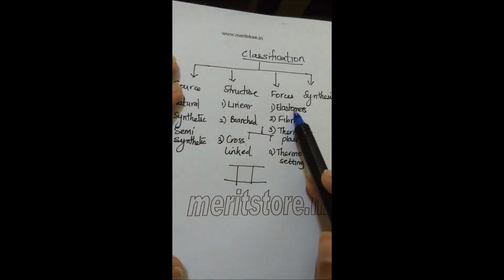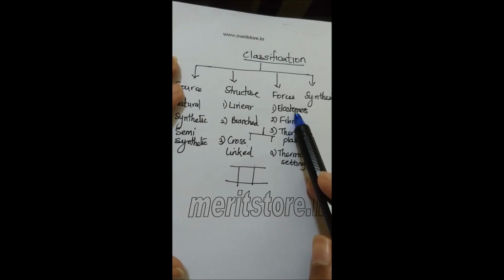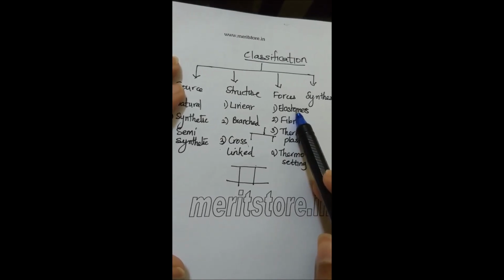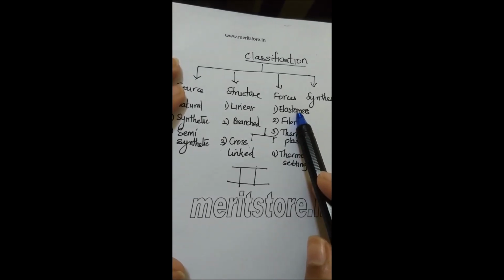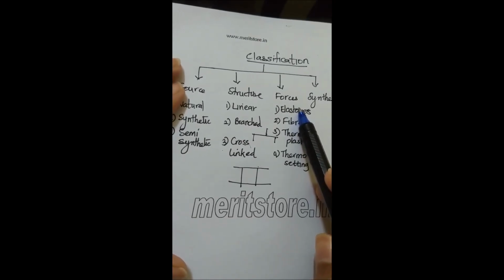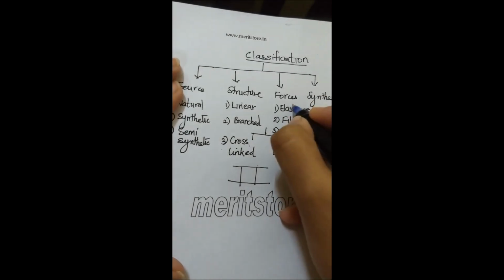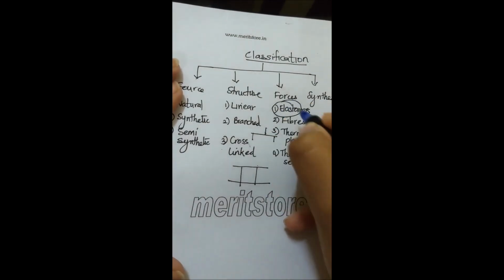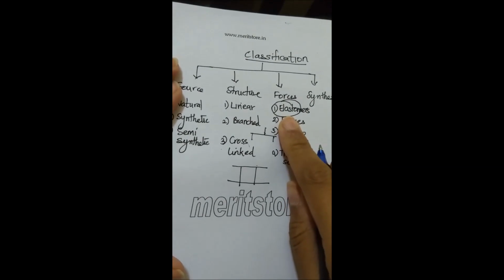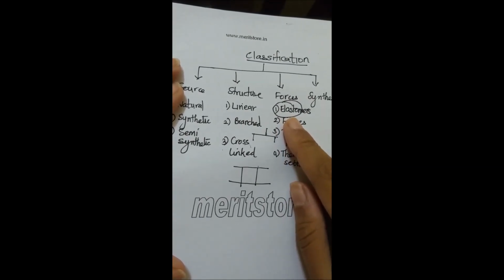In elastomers, the polymers have weak intermolecular forces. The weak forces permit the polymer to be stretched. Thus, elastomers possess elastic character. That is why they are called elastomers. An example is vulcanized rubber.